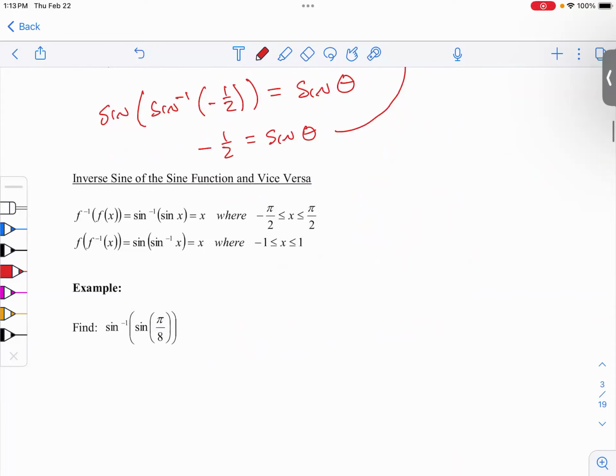All right, so the whole point, a function and its inverse, or inverse and its function, always result in the opposite function, which means sine inverse of sine of pi over 8 is just what number?